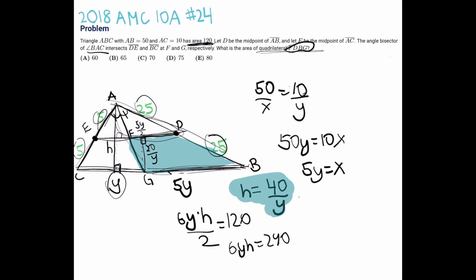Okay, so with this we can calculate the area. So the area would equal 5y over 2 plus 5y, the quantity of this times the height, 20 over y, divided by 2.